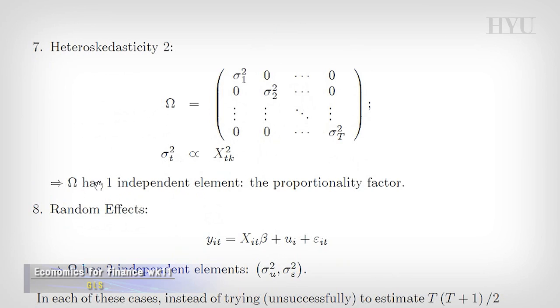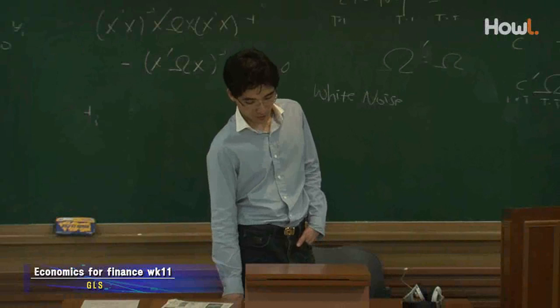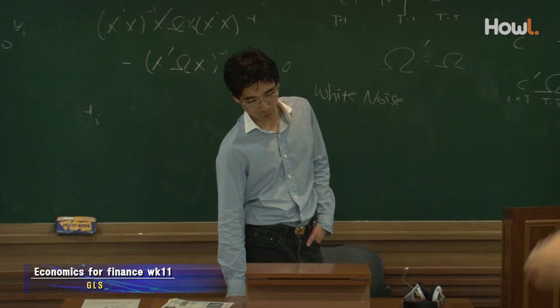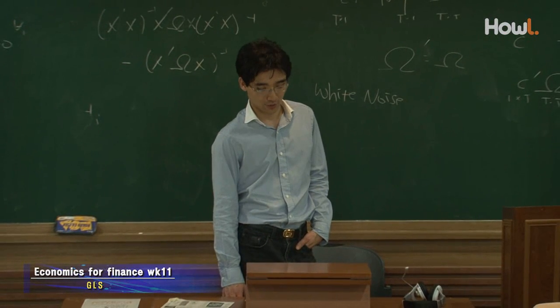Suppose sigma t squared is proportional to x squared, so omega has one independent element, the proportionality factor. We model sigma t squared as some constant multiplied by x squared.